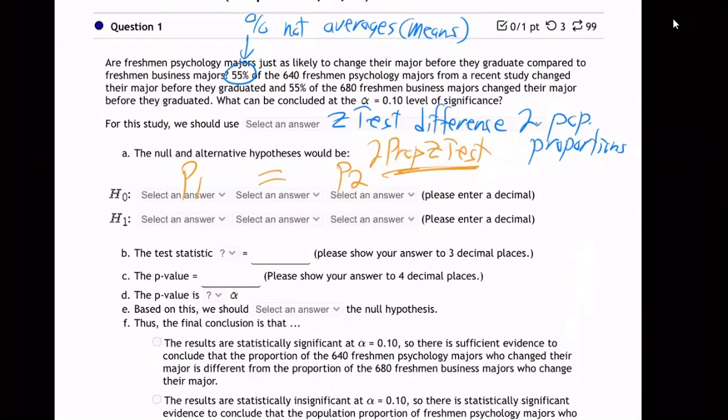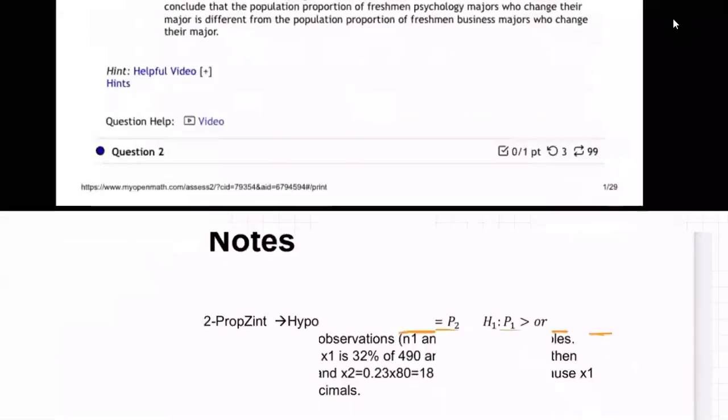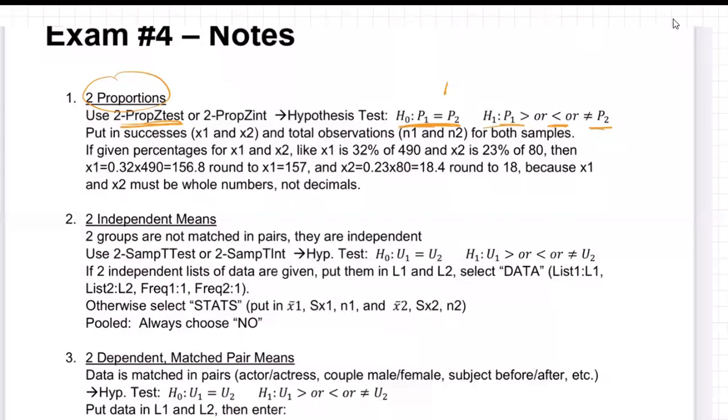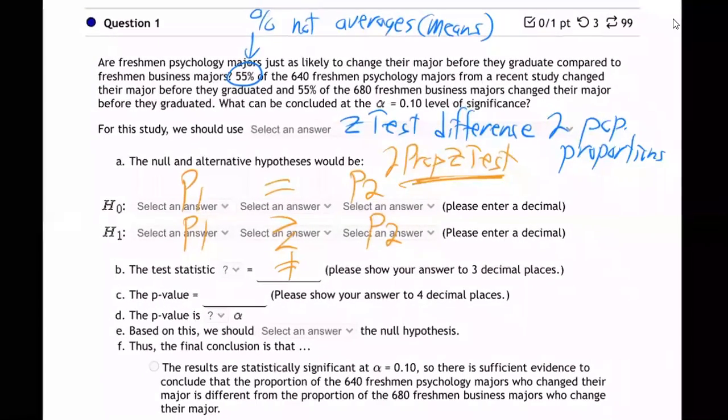Are they saying greater, less, not equal? Those are the 3 options for H1. So which one is it? What do they say in these words?